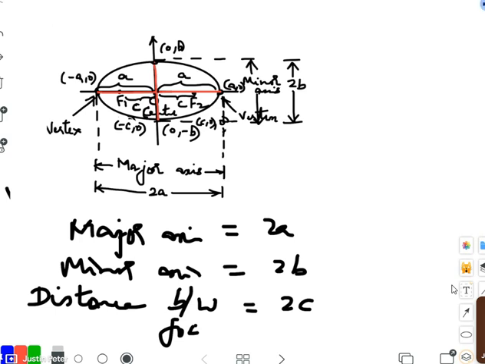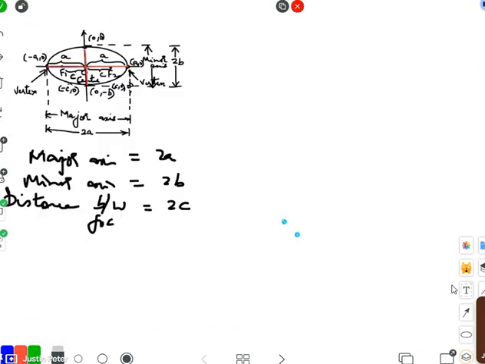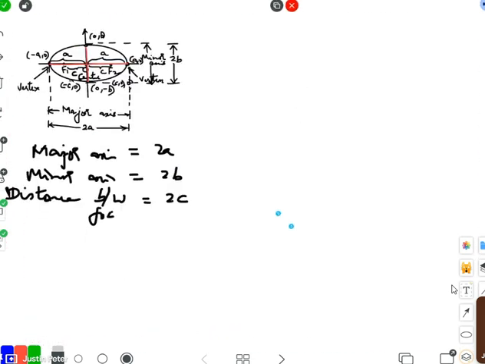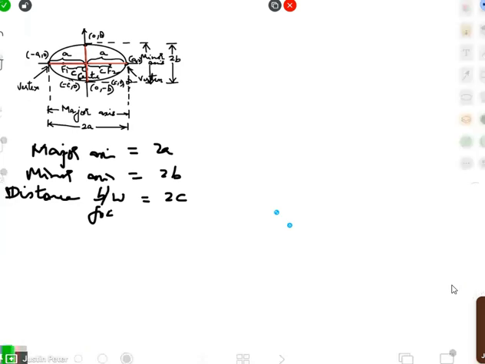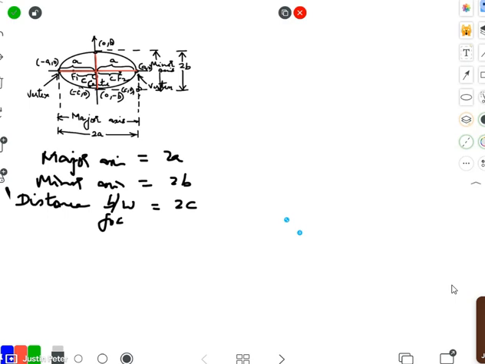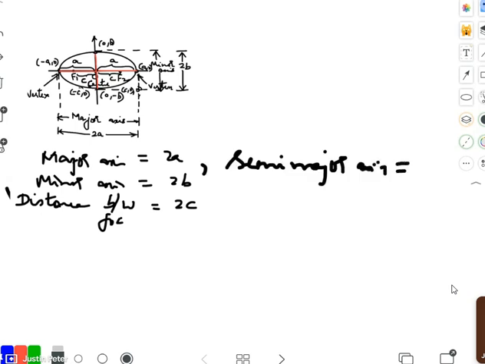Now, can I erase this one? Now we're going to see, if the major axis is 2a and the minor axis is 2b, what will be the length of the semi-major axis? Semi-major axis will be a.